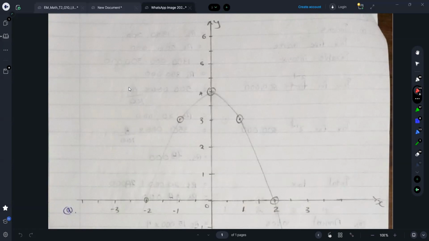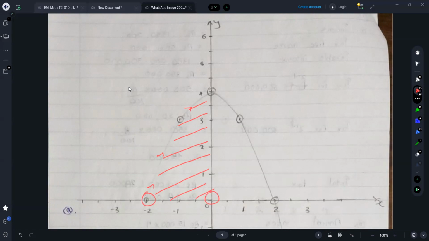Increasing positive. Then the graph is moving in this way. Therefore, we can take this part. Increasing positive. So the x values will be minus 2 to 0.